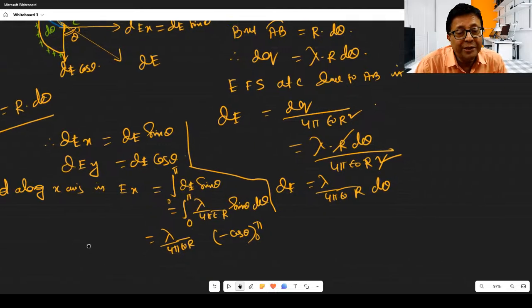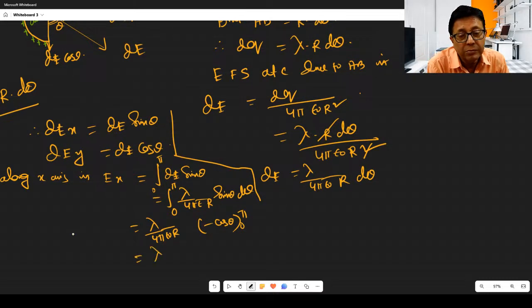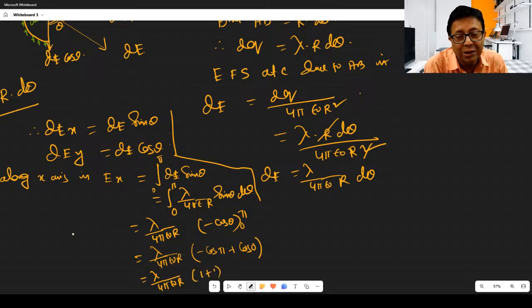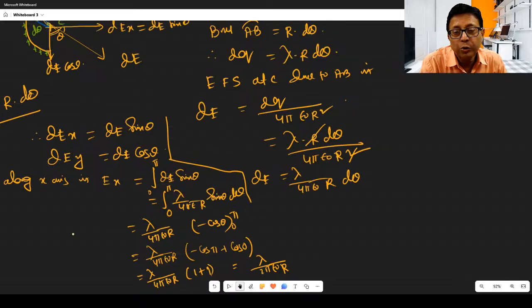So there it will be lambda by 4 pi epsilon 0 r, 1 plus 1. This will be lambda by 2 pi epsilon 0 r.